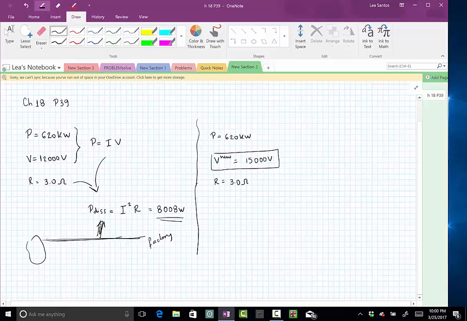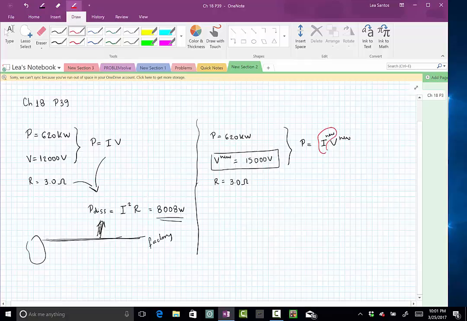Okay, let's try to do now the same exercise, but instead of just 12,000 volts, let me increase this potential difference much more and use now 15,000. What is going to happen now? Well, if I use the same equation, that power is IV, for this new potential difference, I will find a new current.